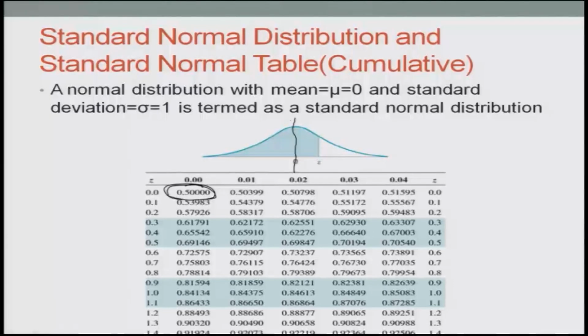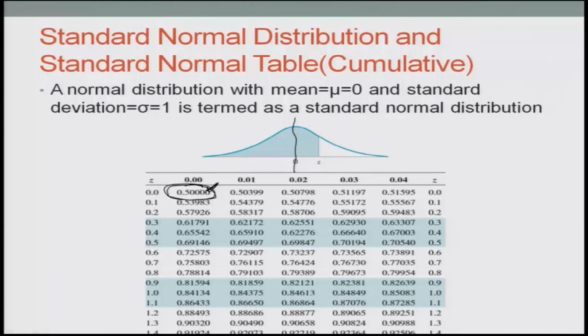If you pay attention to the value which I am circling, it is the sum of the probabilities from minus infinity to 0. So, the shaded region means that when z is at 0, the overall area from minus infinity till 0 is equal to 0.5, as it should be, and this is the value denoted here.